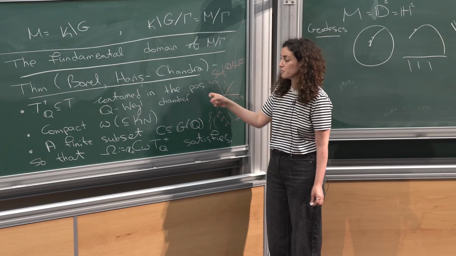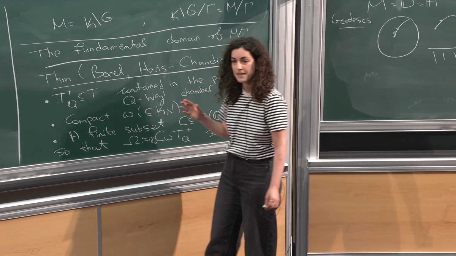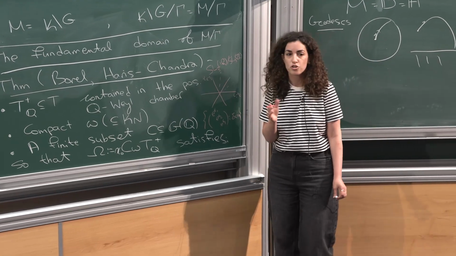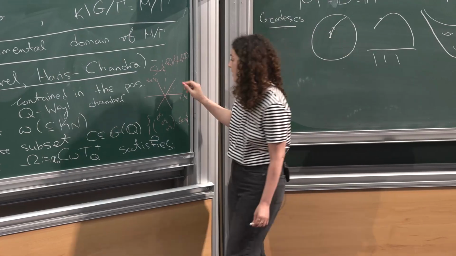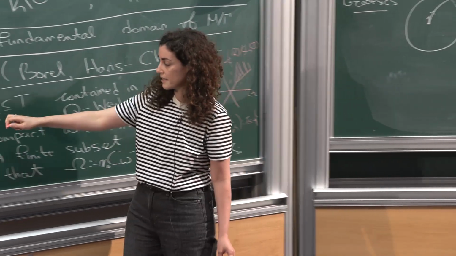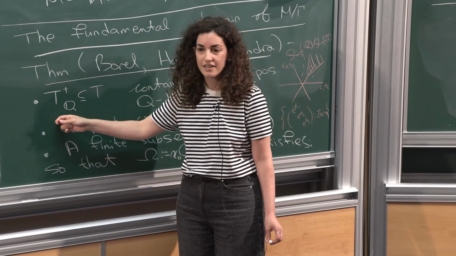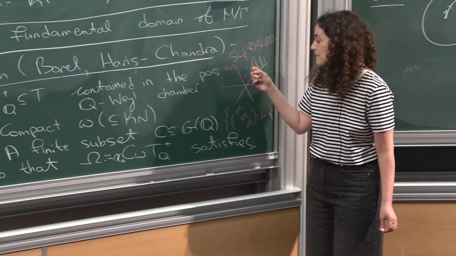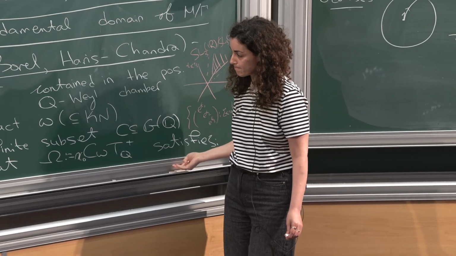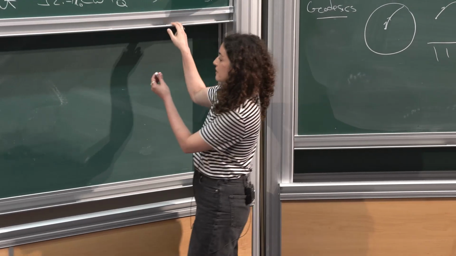You can choose one of them to be your positive Q-Weyl chamber, and then this is going to be defined by some bound, basically saying that this character should be bigger than something, and so you get that this subset, this positive cone, I guess I should say affine cone, looks like that. So it can be viewed as something like this in the Q-Weyl chamber.